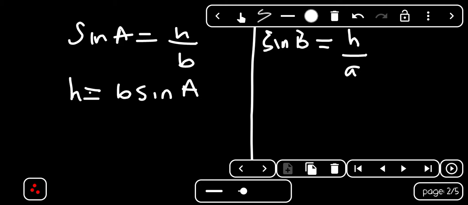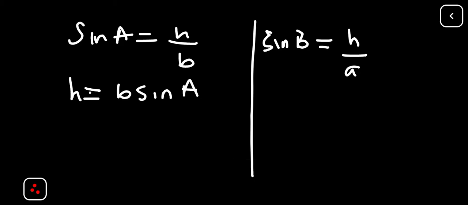But this is the proof, so we're just using those sides to be able to explain how we get the equation for the sine rule. Okay, so we now have H over A, opposite over hypotenuse. At this point, we can cross multiply.